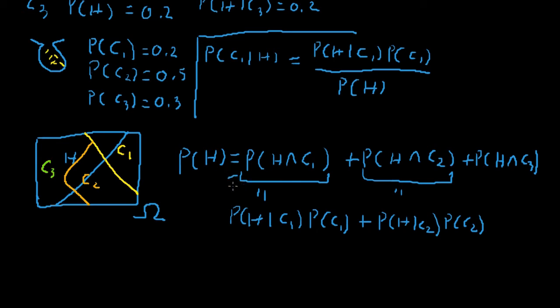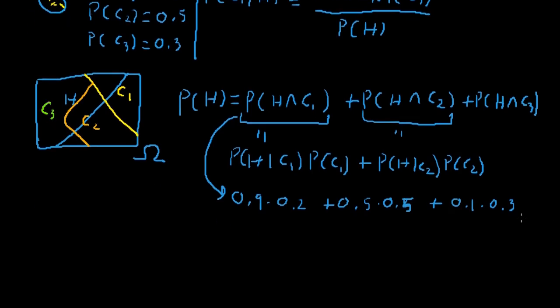So this whole term is 0.9 times 0.2, plus 0.5 times 0.5, plus 0.1 times 0.3. And then we can work out what this actually is.